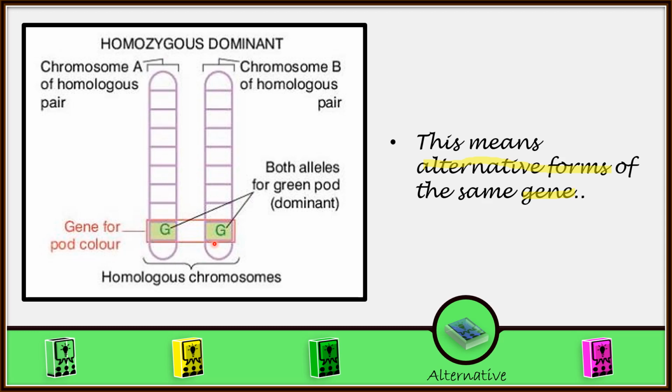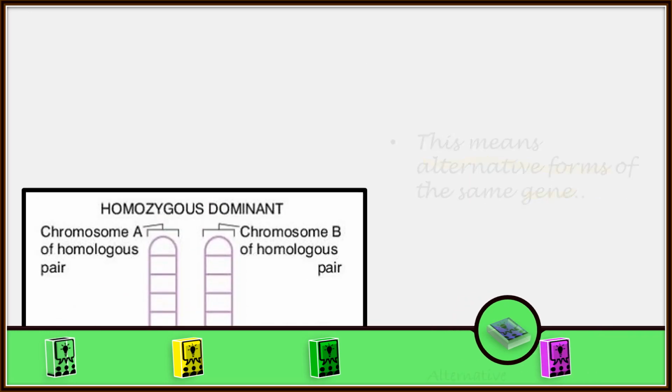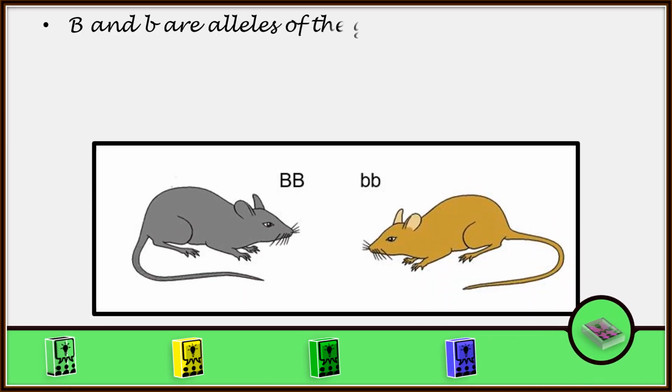Alternative form means that it may not be controlling the characteristic in the same way. Capital B and small b, these are alleles for the gene for coat color.